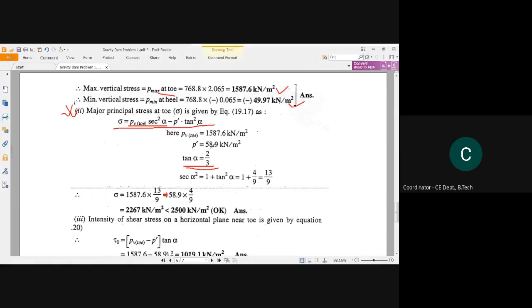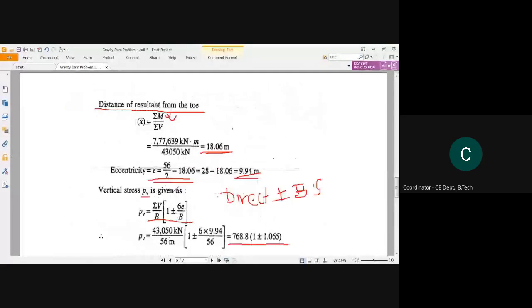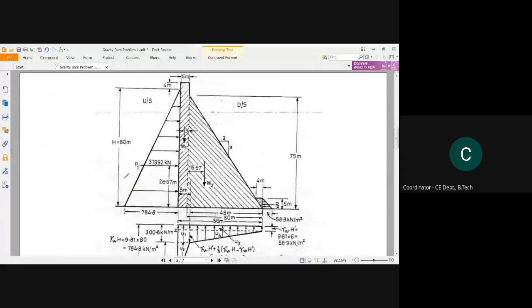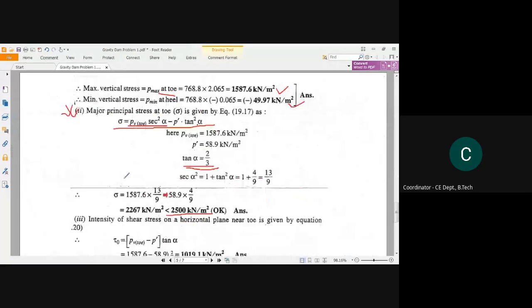Solving that, we will get 2267 kilonewton per meter square, which is lesser than the allowable stress which was given in our question. In the question, the allowable stress in concrete can be considered as 2500 kilonewton per meter square. It was provided. So we have calculated the major principal stress, which is okay.